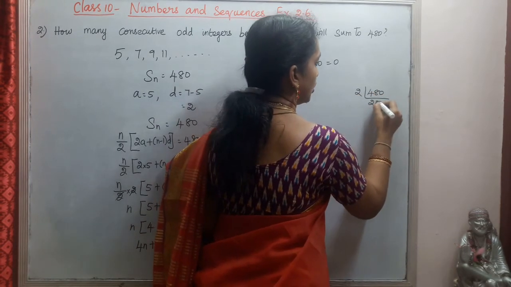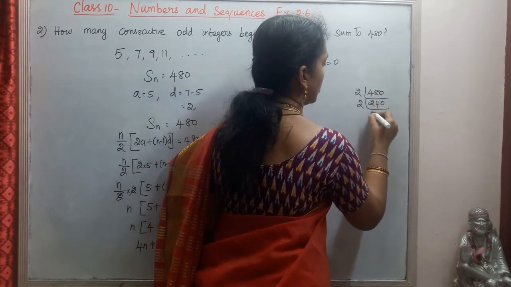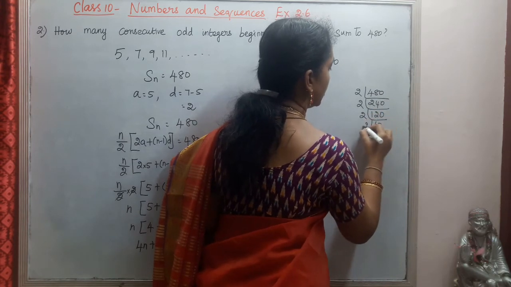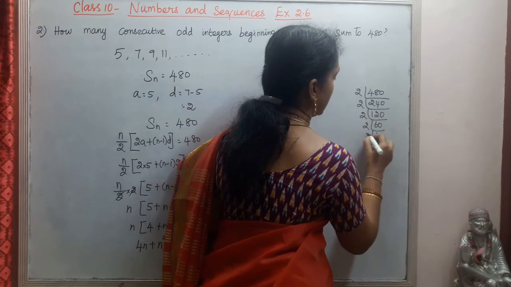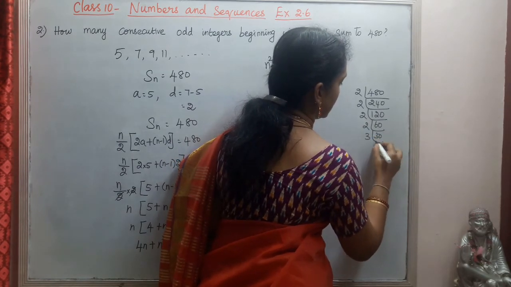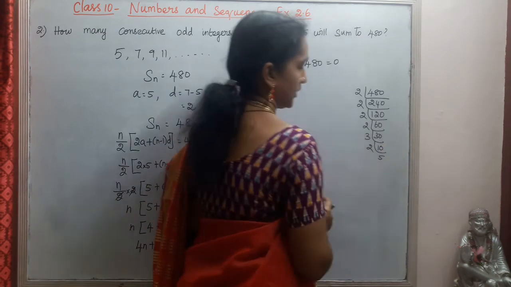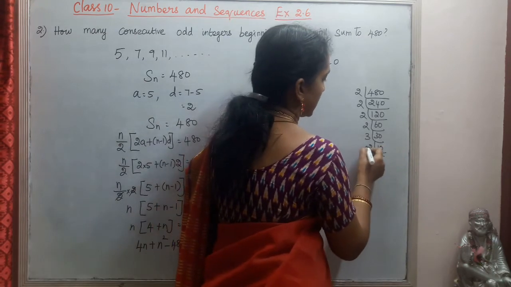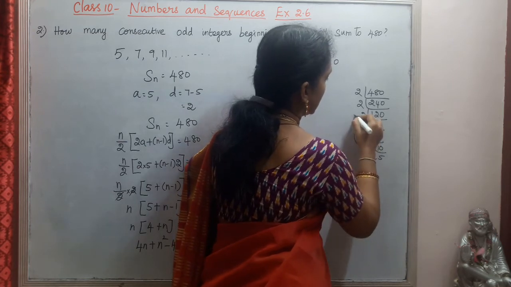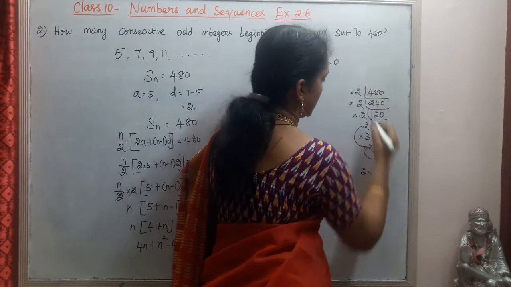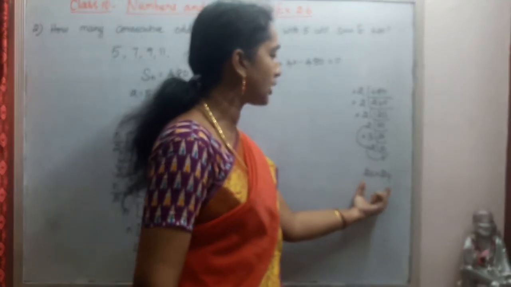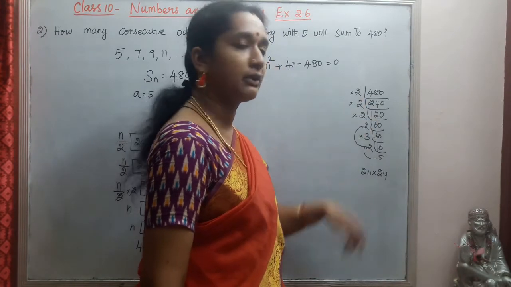So 2, 240, then 2, 120, then 2, 60, then 2, 30, then 3, 15, 3, 10, then 2, 5. So 5 2s are 10, 10 2s are 20 into 3 2s are 6, 6 2s are 12, 12 2s are 24. So 20 into 24. If you take these two numbers, when we find the product, we will get 480.